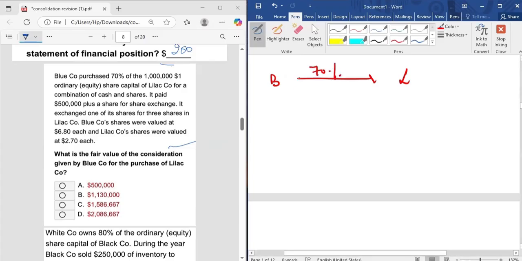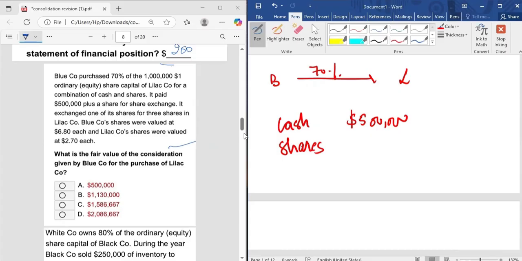So the purchase consideration consists of both cash as well as shares. It paid $5 lakh plus a share for share exchange. So the cash is $5 lakh, which is directly given to us, and we have to find the share for share exchange, obviously. It exchanged one of its shares for 3 shares in Lilac Company.